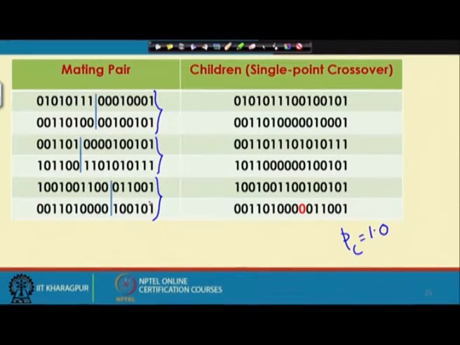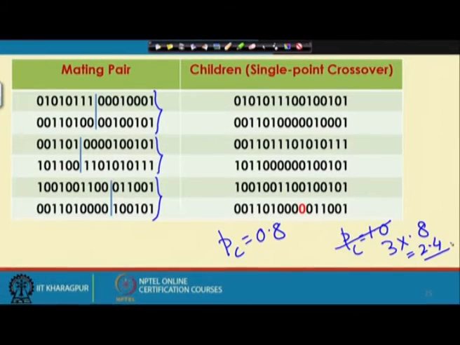Now, let me take a very hypothetical situation. Supposing that Pc is not equal to 1.0, so Pc is equal to 0.8. Now, if Pc is equal to 0.8, out of these 3 mating pairs, on an average 3 multiplied by 0.8, that is 2.4 mating pairs are going to participate in crossover.